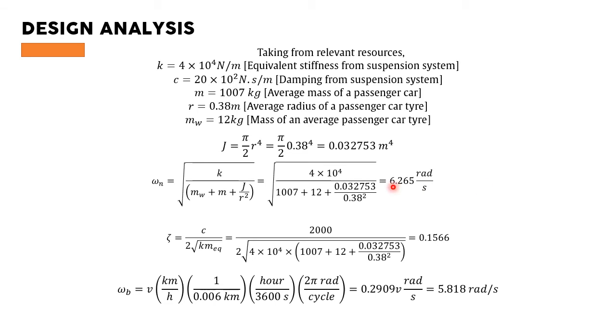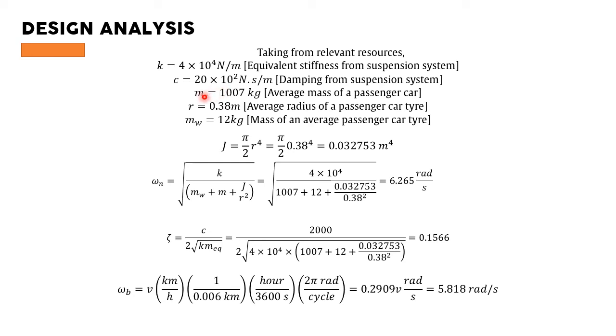We will now be moving on to the design analysis part. We will be taking certain values which we have found from relevant resources. We'll be starting from k, the spring constant that the suspension system provides. We have taken the equivalent stiffness as 4 exponent 4, which is a reasonable estimate for a spring stiffness constant of a car suspension system. Then for the damping of the suspension system, we have taken 20 exponent 2.